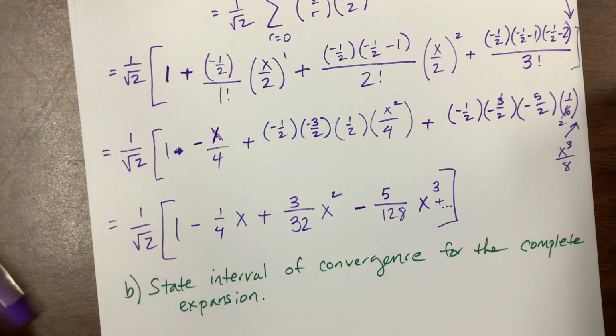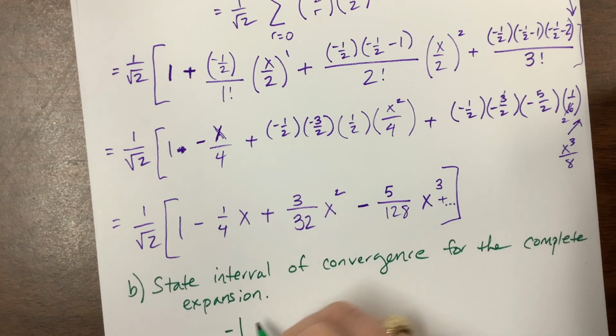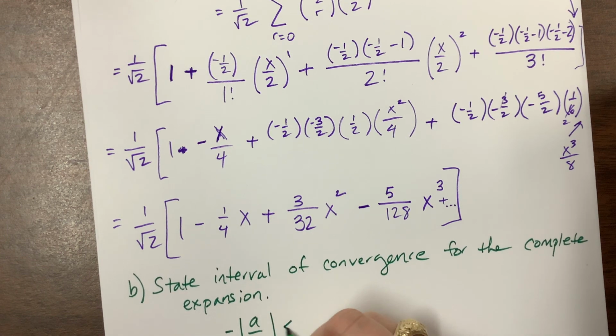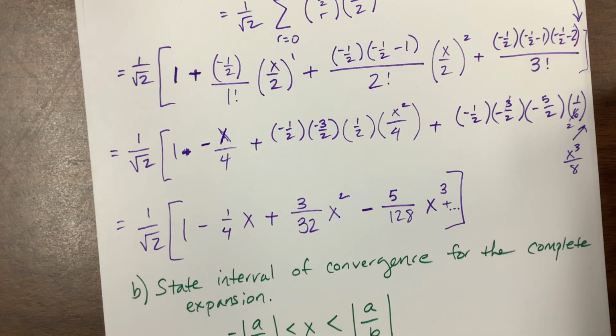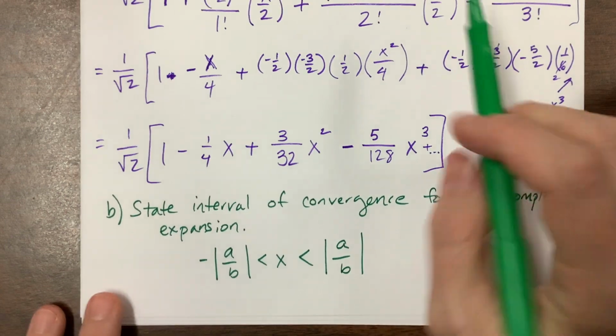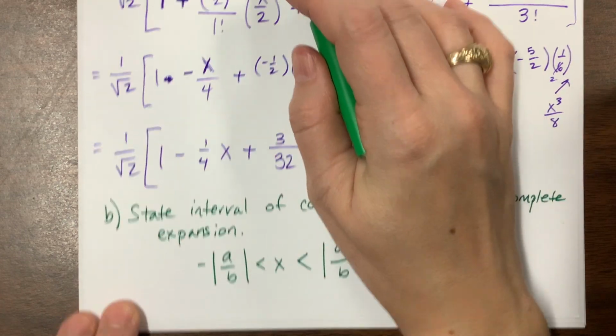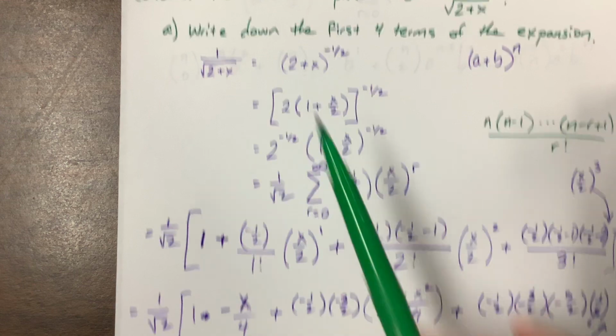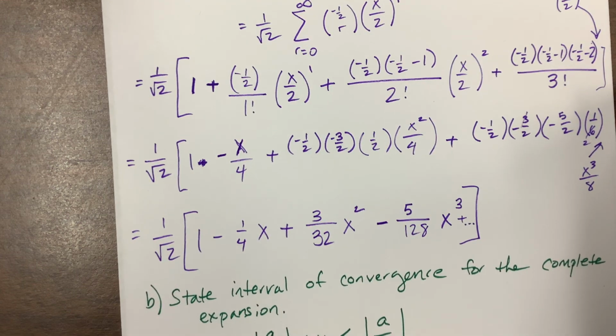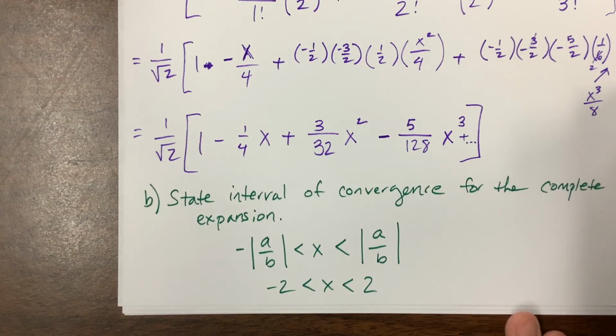And so what we find is that that's going to be negative absolute value of a over b is less than x, which is less than the absolute value of a over b. So when we look back up here, a was 2 and b was 1. So it's negative 2 is less than x, which is less than 2. And that's part B to that problem.